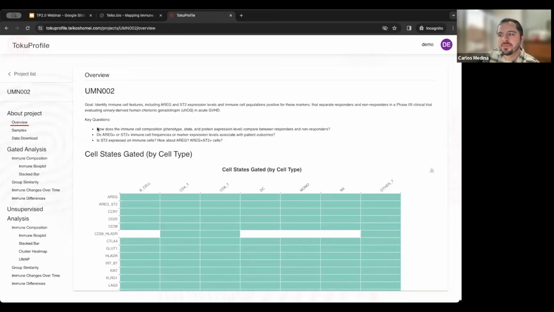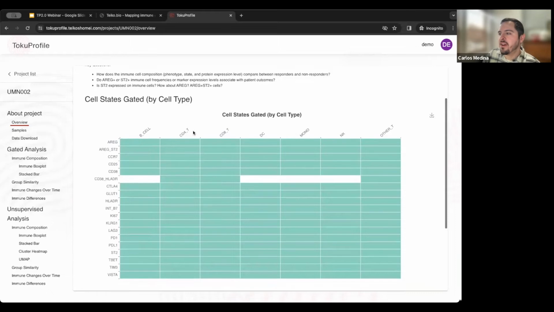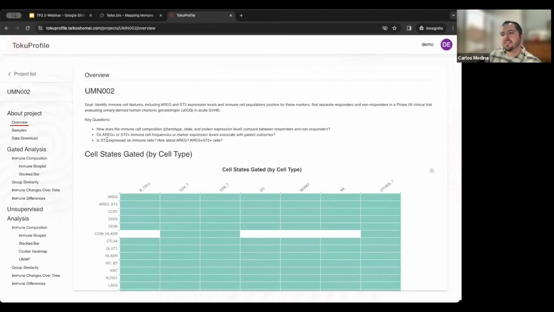What you can see at the bottom here are the major immune cell subsets that we've analyzed: T, B, dendritic cell, monocyte, natural killer, and then other T subsets like gamma delta and NKT. You can also see all of the functional state markers that we analyze across all of these populations here.